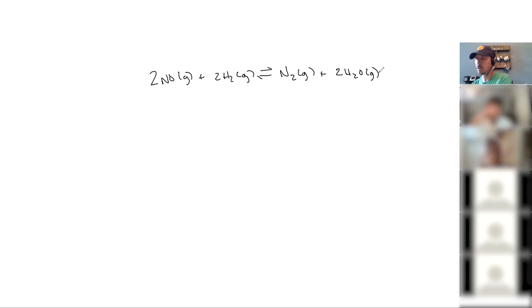Let me pick one randomly from the book here: 2NO as a gas plus 2H2 as a gas gives N2 as a gas plus 2H2O as a gas. The first thing we notice is that all of these are gases, so all of them figure into these equilibrium discussions.